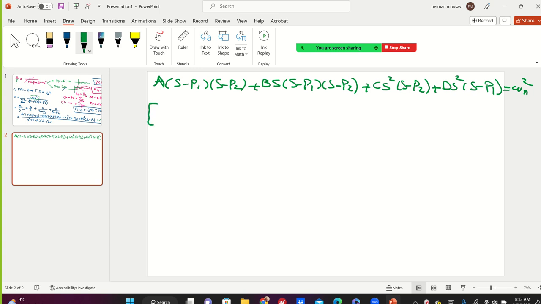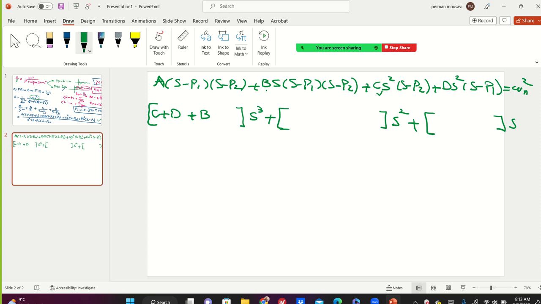So now you can sort it based on s cubed plus s squared plus s plus a constant number. So s cubed: C plus D plus B. Here we go.